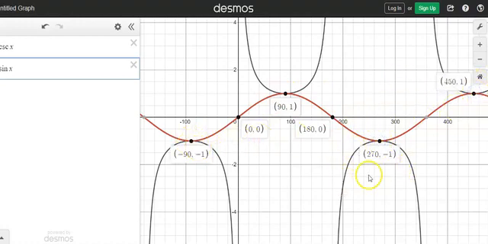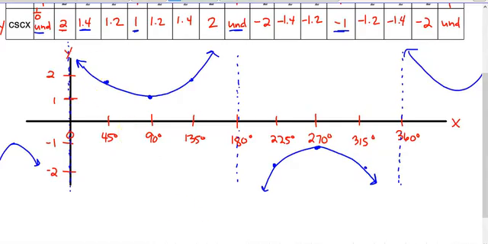So when you sketch these by hand, instead of making that whole long table, all you're going to do is start with either the sine or cosine function, depending on if it is a cosecant or secant, and then use those two things I just talked about: the asymptotes happen where the graph touches the midline, and the secants or cosecants start at the peaks and valleys of the sine or cosine function. I think it's always nice to look at Desmos and see what it comes up with and pick out some patterns from there.